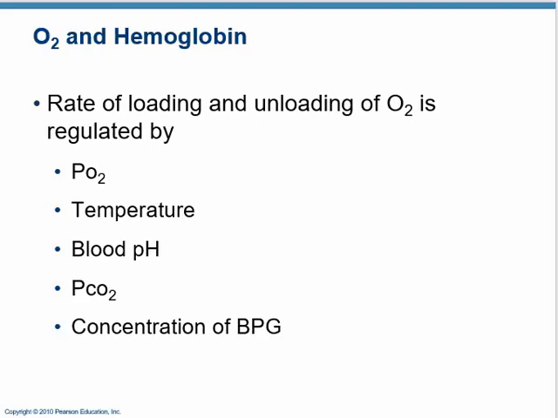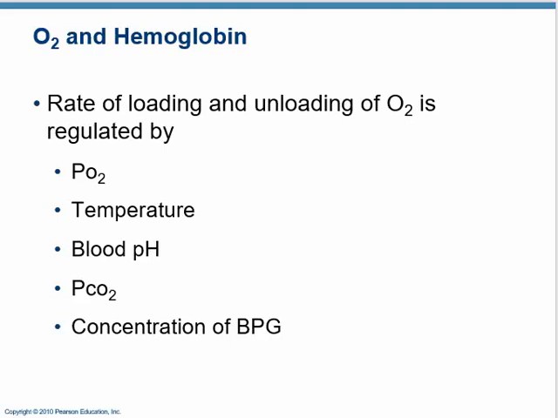And the last thing is there's a chemical called BPG, and BPG is produced in metabolically active tissues. It's actually carried in the blood, but it's activated in metabolically active tissues, and that facilitates the oxygen leaving the blood. It works the opposite in the lungs.